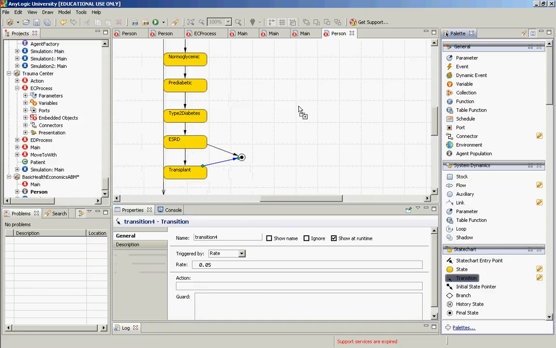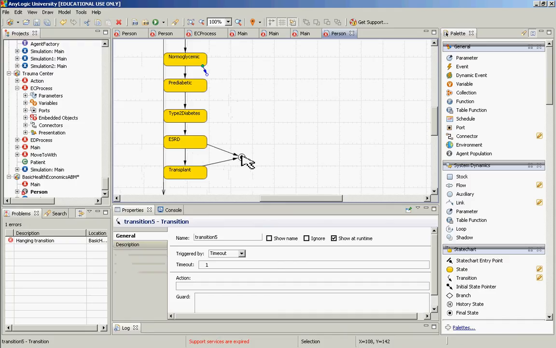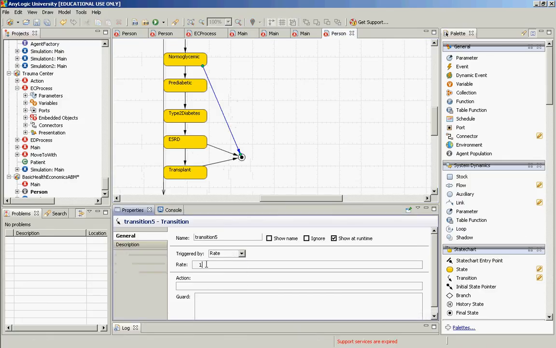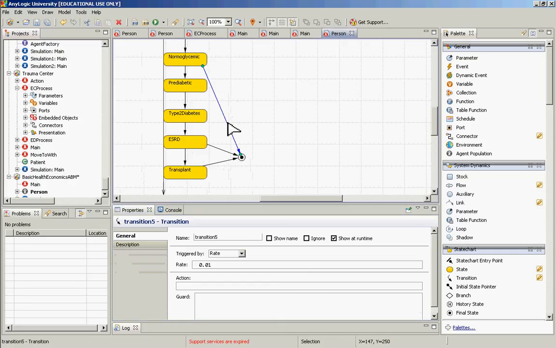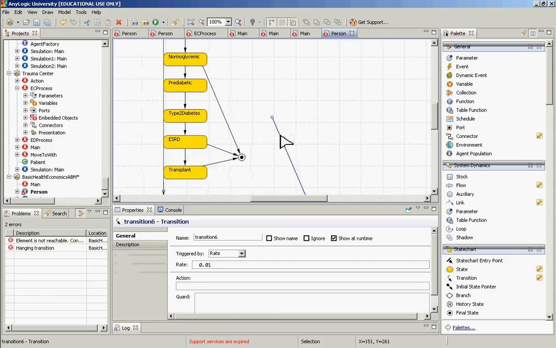Of course, an individual earlier in life is also subject to death, and I'll pull down state transitions here, which are associated with the mean life expectancy absent diabetes of 0.1, and I'll share that but with a smaller time constant for pre-diabetes here.